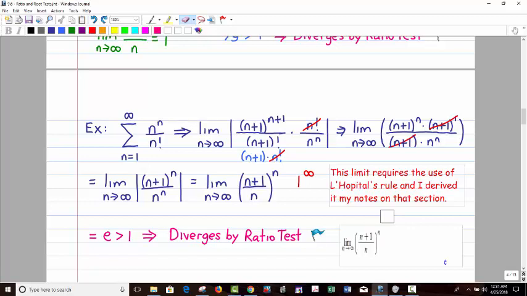So if you want to go back and see how that was done, that's where you have to define the limit as y equals and take the natural log of both sides and go through those steps. Because this is one of those indeterminate forms, it would be 1 to the infinity. So, probably unlikely I'd put this on a test. But long story short, it does work out to have an answer of e, and then e is greater than 1, so we have diverges by the ratio test.